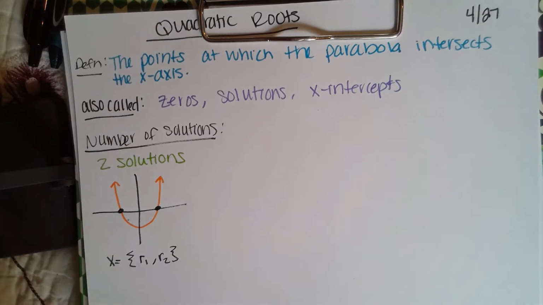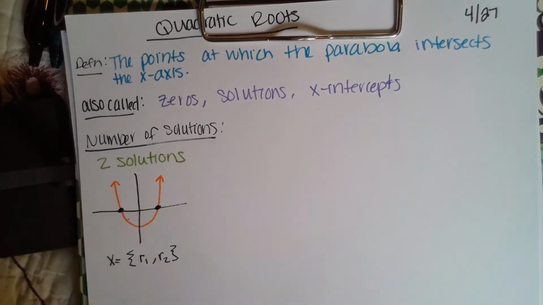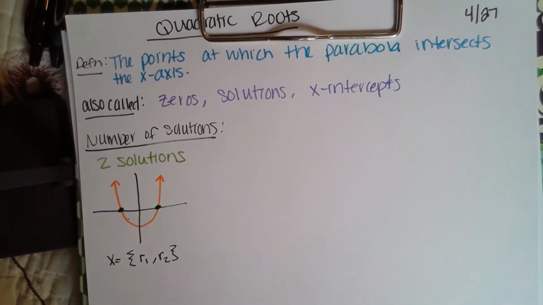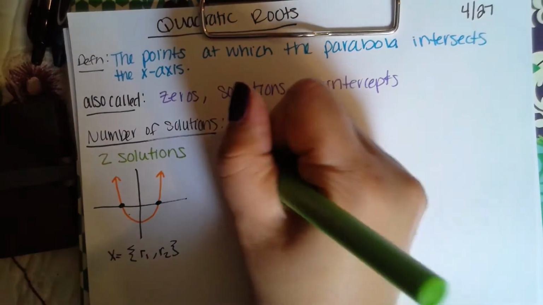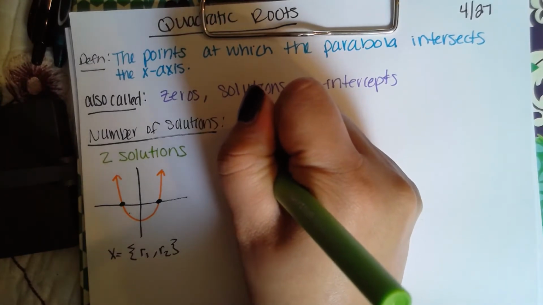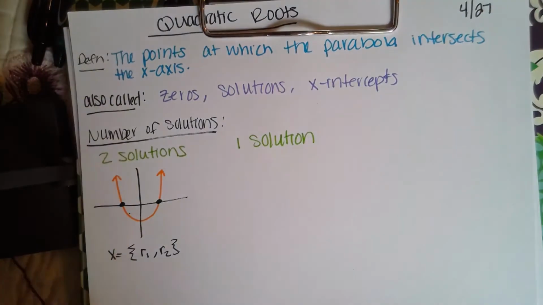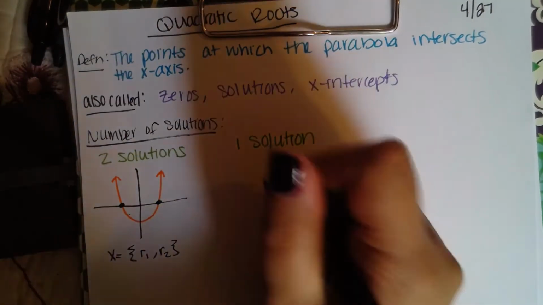You can see that, remember graphs are read from left to right, it starts approaching the x-axis, it touches it at the vertex, and then it turns right around. Because remember, the vertex is where the graph turns around. So this only has 1 solution because it only touches the x-axis once. Even though it doesn't cross it, it does touch it. And that means your vertex is number, comma, 0.